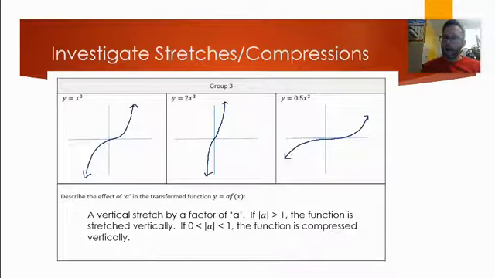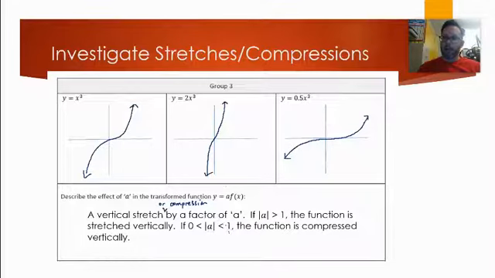When you have a value of a that's not 1, the function is going to have a vertical stretch, or compression. It's a vertical stretch or compression by a factor of a. So if a is 2, it's going to be a stretch. If a is 0.5, a compression. So anything above 1 is going to stretch the function vertically, and anything between 0 and 1 is going to compress it.